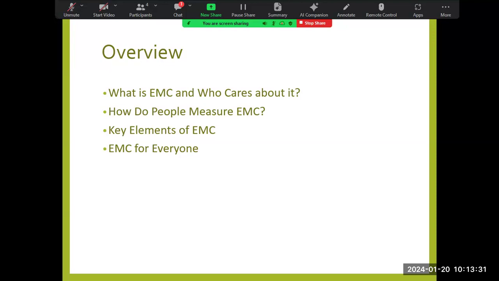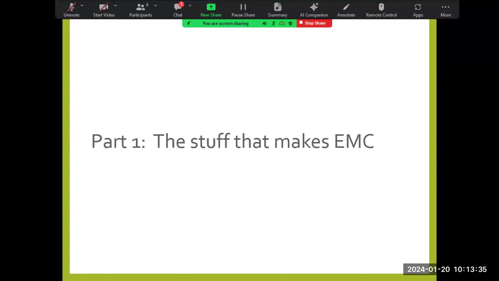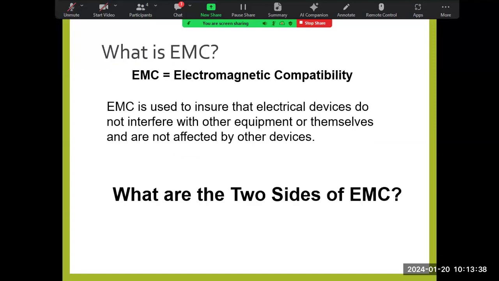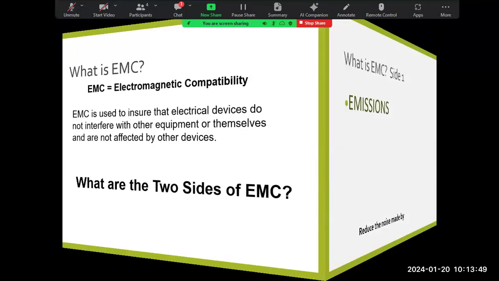How do we measure it? Some of the key elements in EMC for everybody. What makes EMC? EMC just means that if I have two things next to each other, one doesn't stop the other one from working. And what are the two sides?